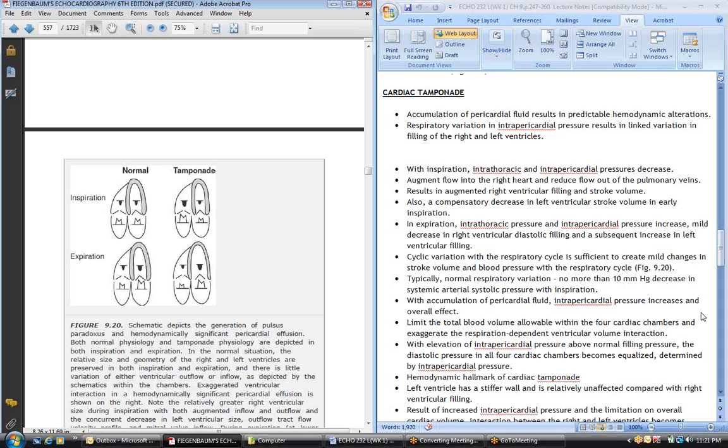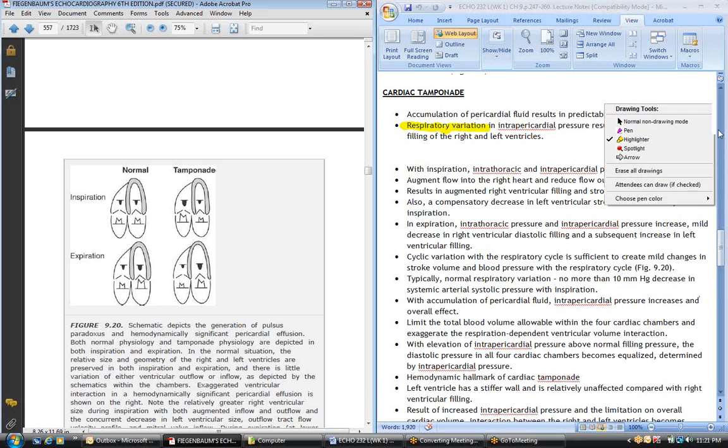That's the hemodynamic hallmark of cardiac tamponade, respiratory variation. Remember, respiratory variation is the hemodynamic effect of cardiac tamponade.